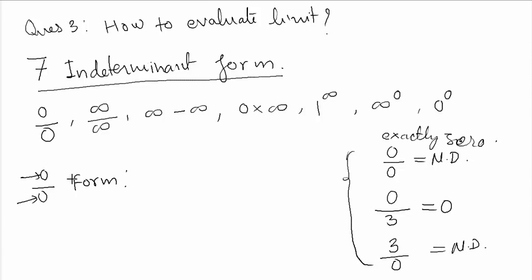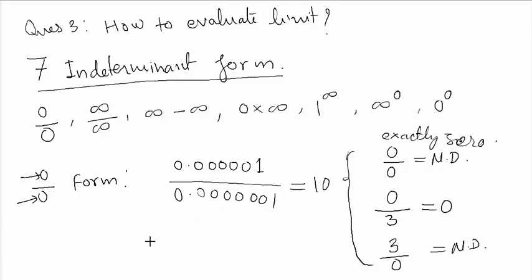Let's say we have a number like 0.000001, which you can assume to be very small, and another one tending to 0 like 0.0000001. This comes out to be 10, a finite number. Even though we have expressed this, the situation is a little bit different.